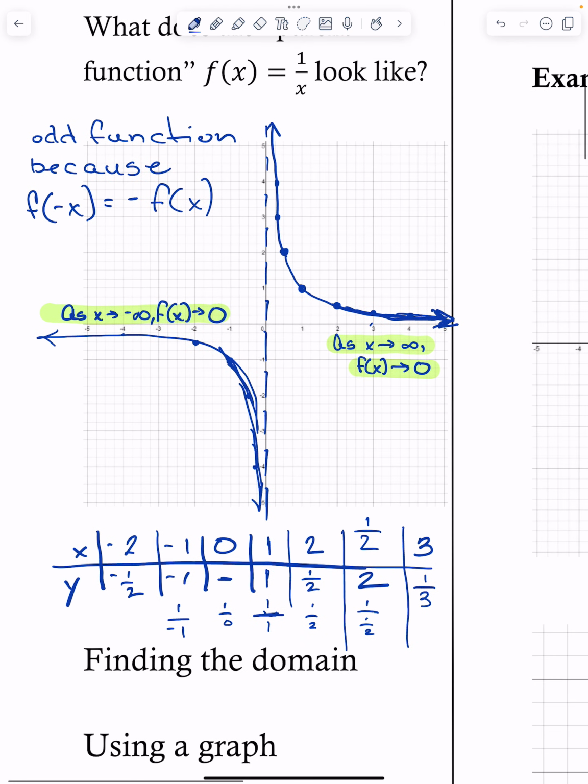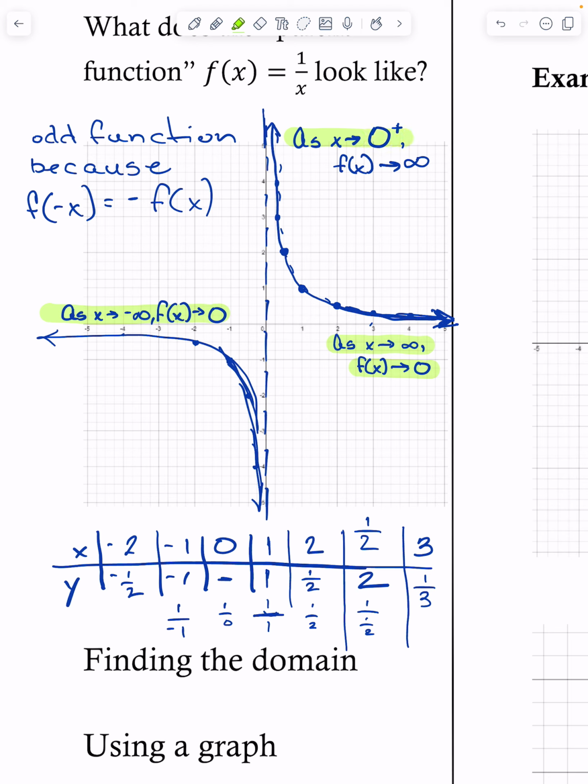Also want to take a look at what happens at the asymptote. So coming up here, as x approaches 0, and I'm going to use this little superscript, the plus, from the positive side, so our x is approaching, we're going this way, our f of x is approaching positive infinity.